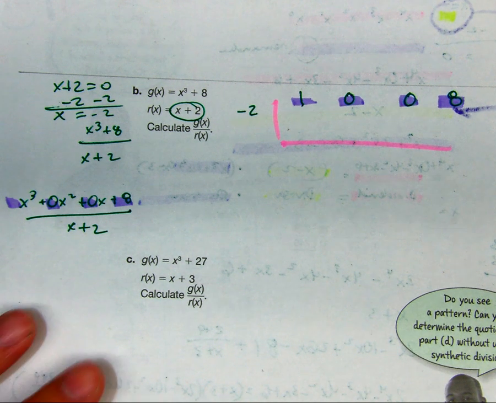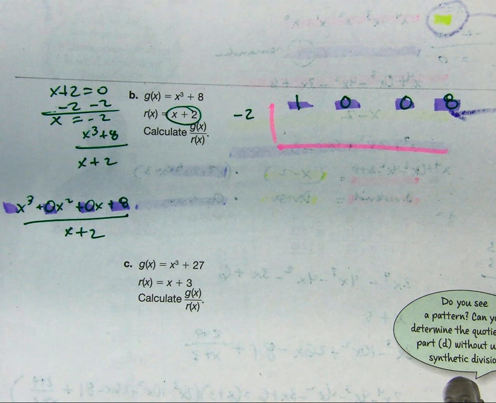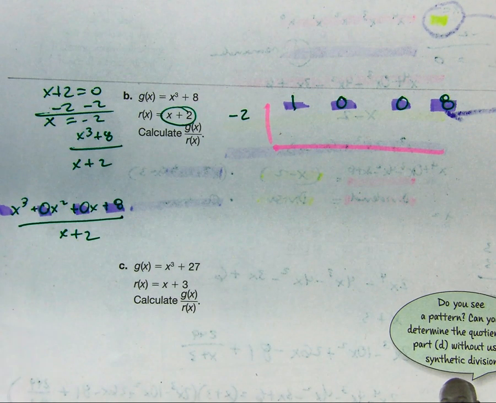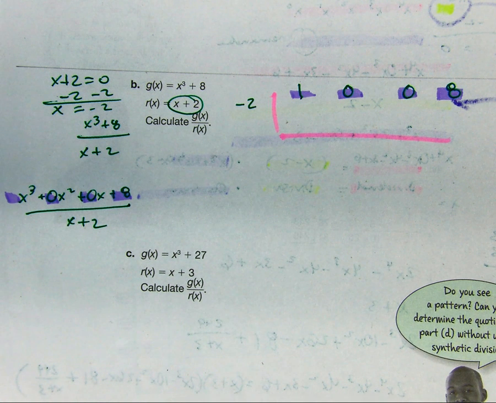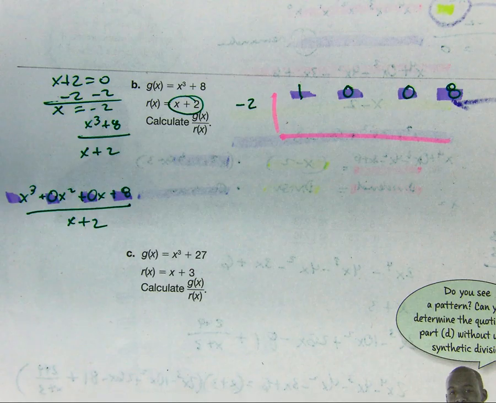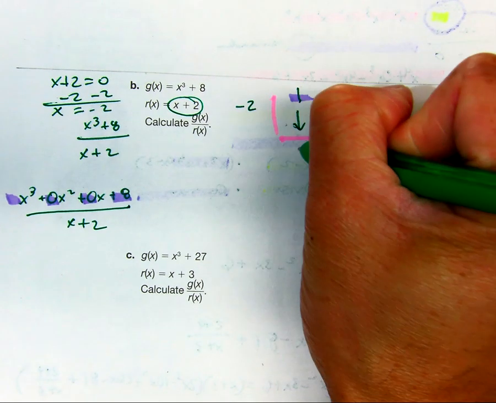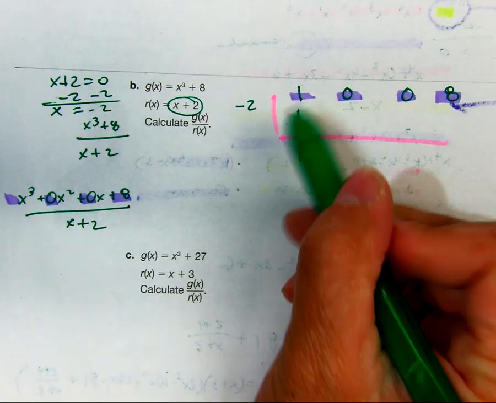Sienna, tell us how to do synthetic division. We have to multiply. Okay, before we multiply, you bring down the 1. Okay, now you said what? Multiply. Go ahead and multiply.